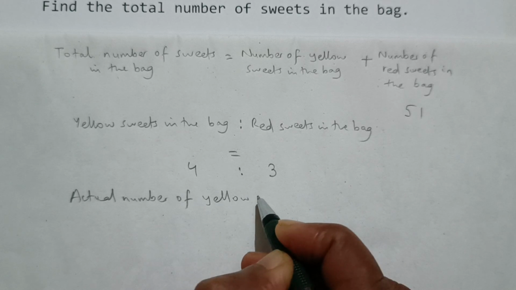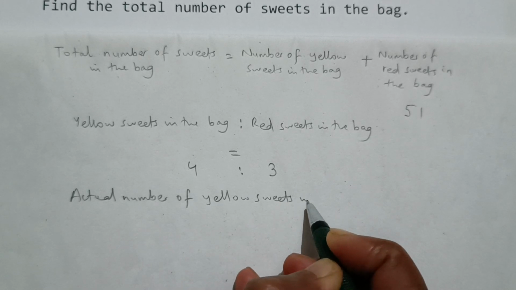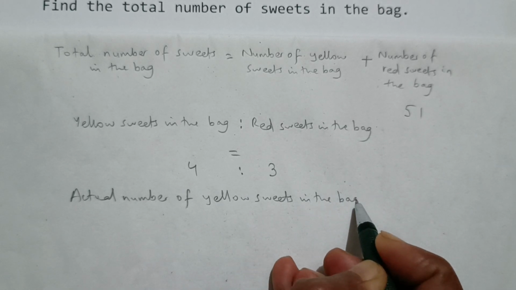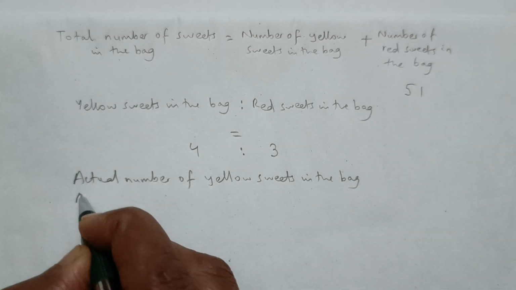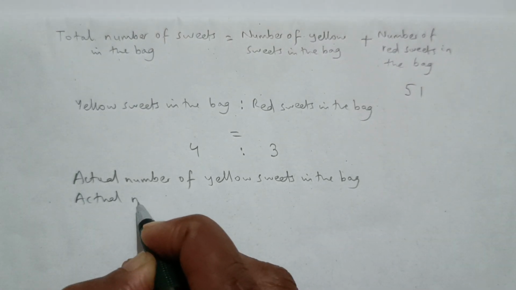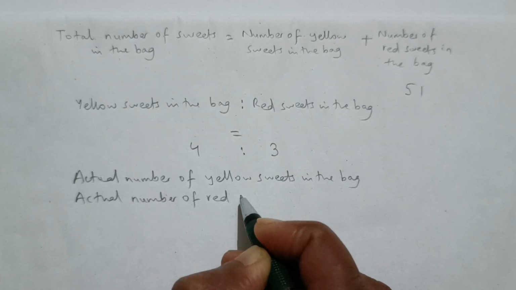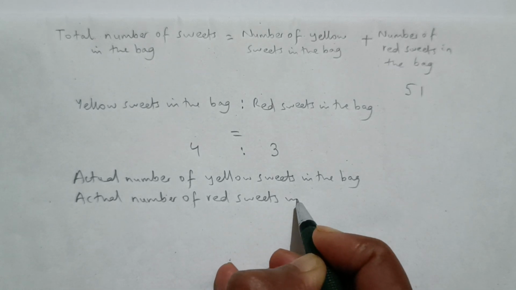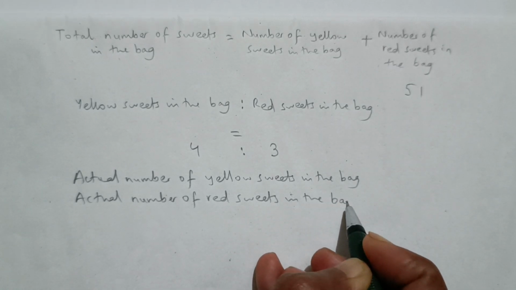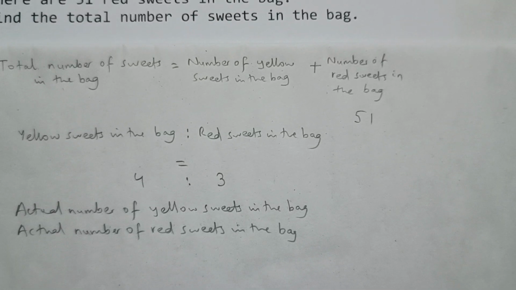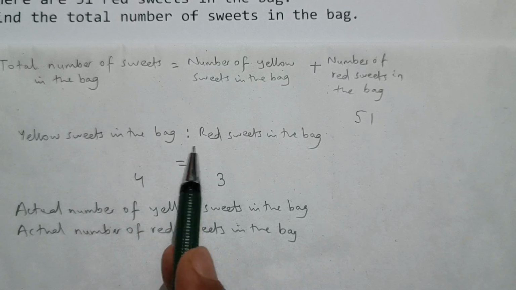So how can I find these actual numbers from this ratio?